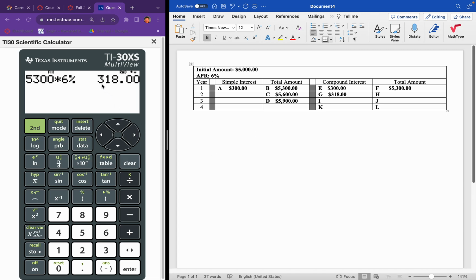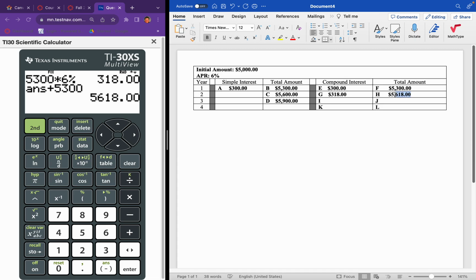So we're going to take that $318 and we're going to add it to the $5,300 that was in the account. And when we do that, we get $5,618.00. So you see it's growing faster because it's compounded.